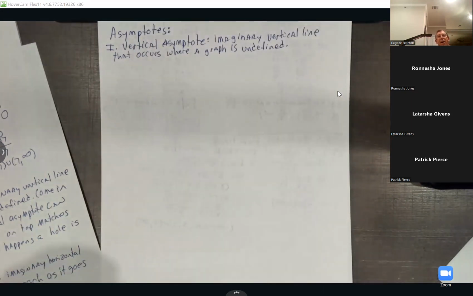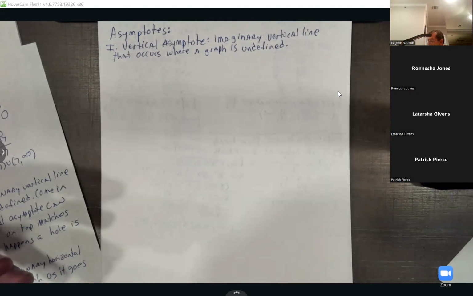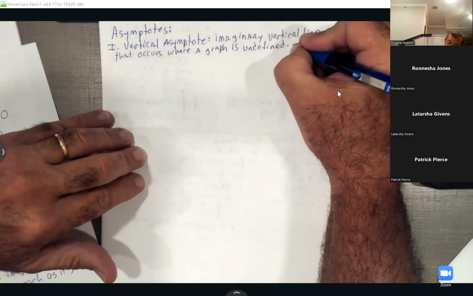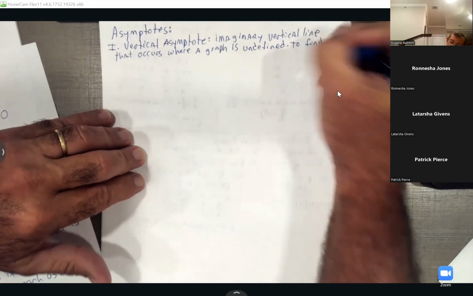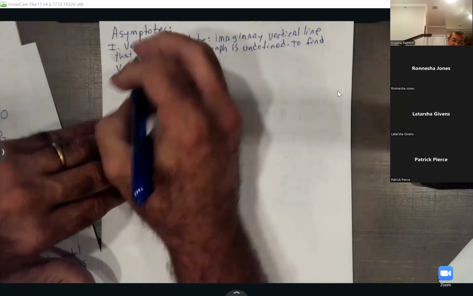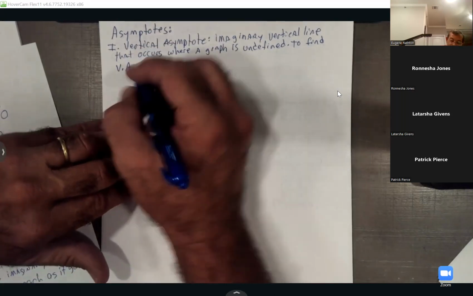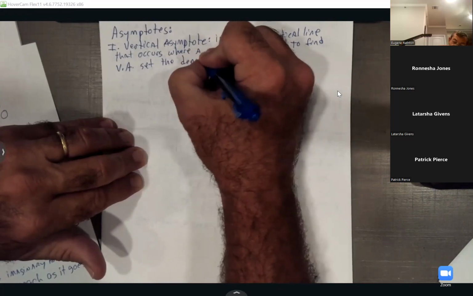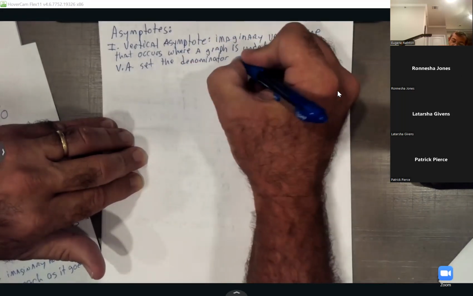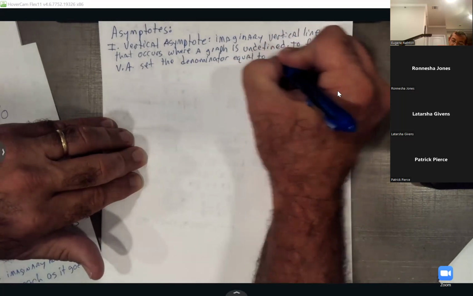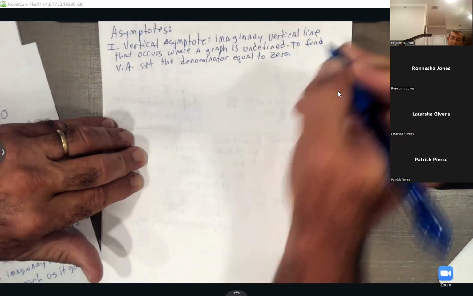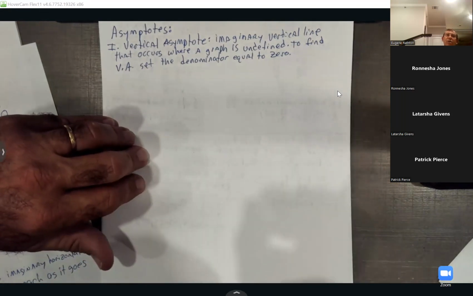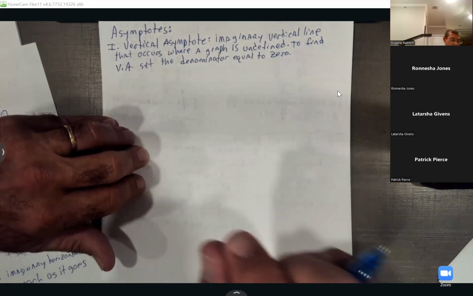The only thing that makes a graph undefined is when that bottom is equal to 0, okay? So to find vertical asymptotes, and I'm going to use VA, that's a vertical asymptote. To find vertical asymptotes, set the denominator equal to 0. Because if it happens where the graph is undefined, it's going to be the same thing as those numbers you kicked out of your domain.